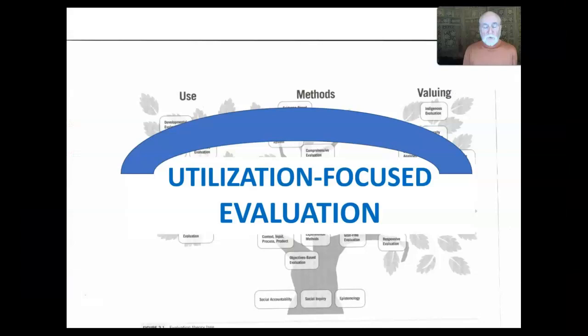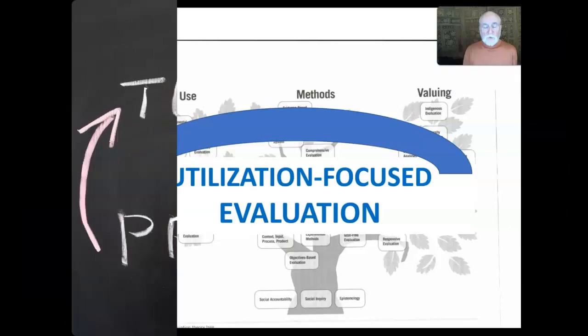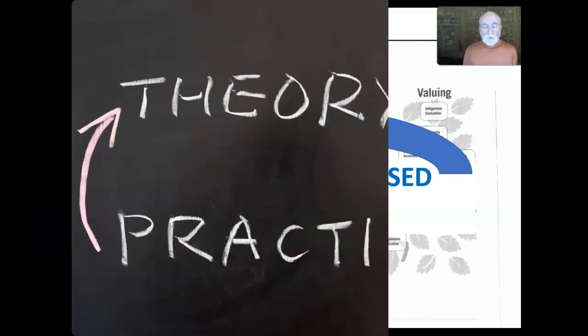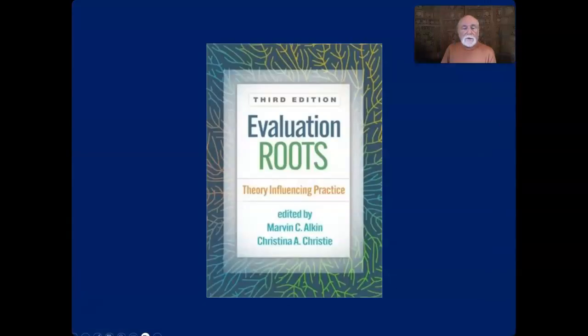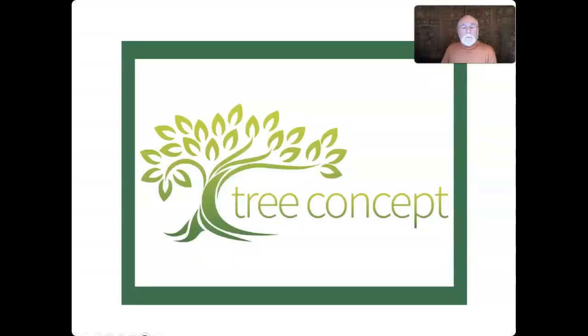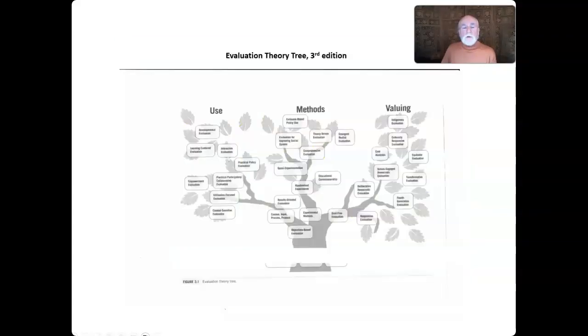This video has been looking at the theory-practice connection as illuminated by the theorists featured in the Evaluation Roots new 3rd edition. We've looked at the tree concept and the way in which the theorists presented in Evaluation Roots are allocated to a primary branch, use, methods, or valuing.